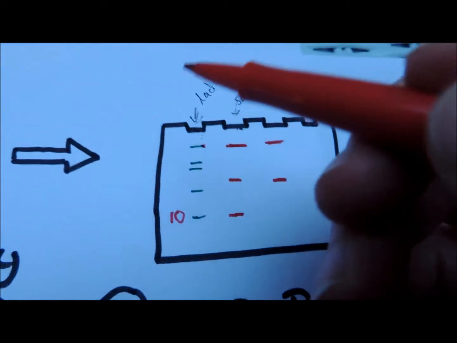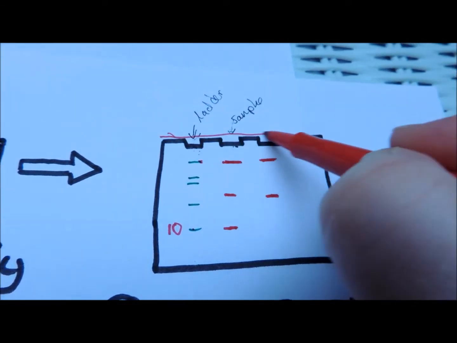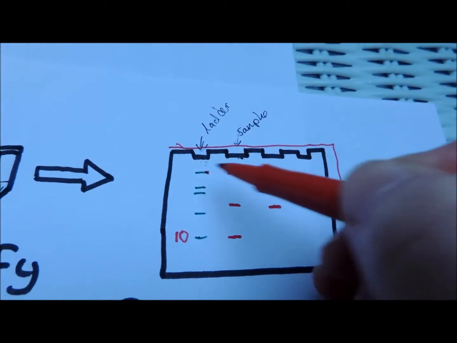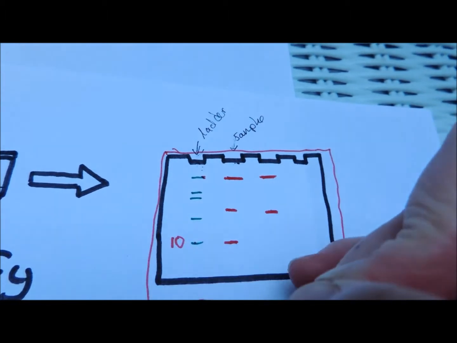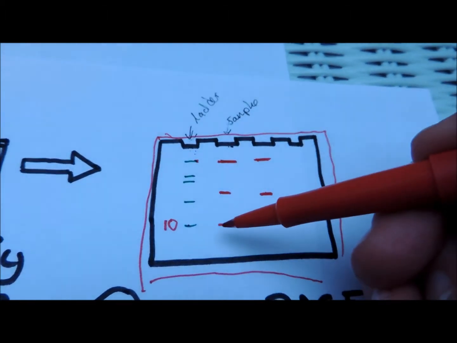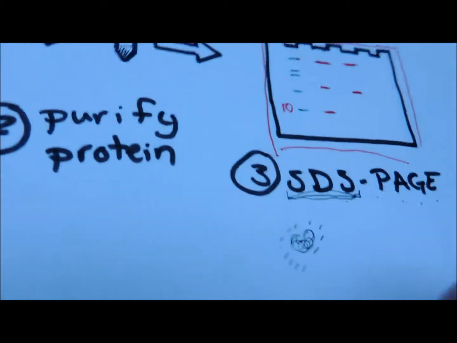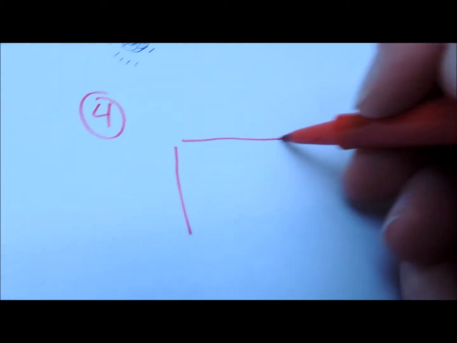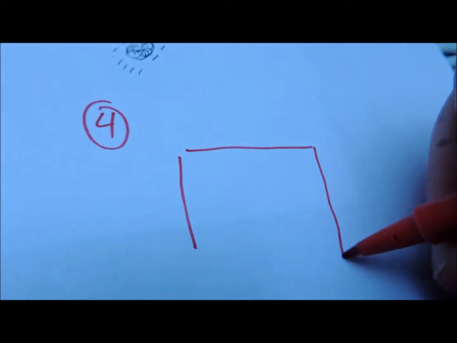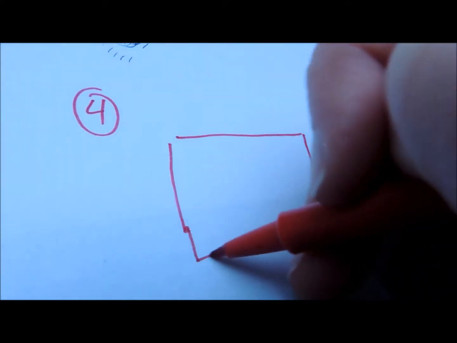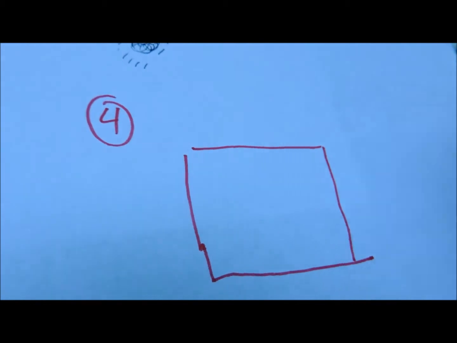If I were to place a membrane over the top of this gel, and I were to put a buffer all around it and were to run an electrical current through it, the proteins would be moved from the gel onto the membrane. So you'd be left with a piece of sort of slimy feeling paper, which we call a membrane.